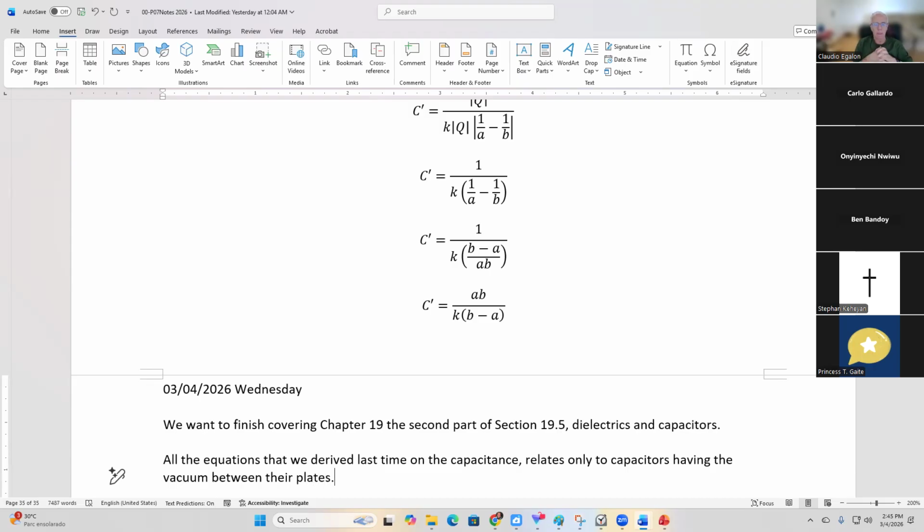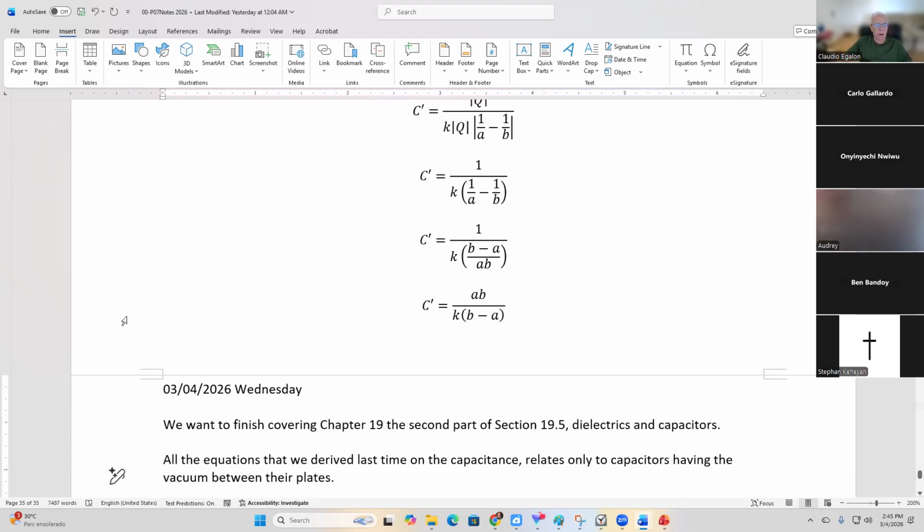So this equation here is the capacitance of the capacitor in which the space between the plates is just vacuum.